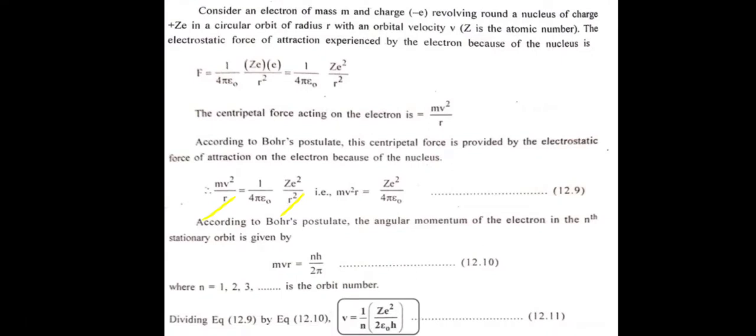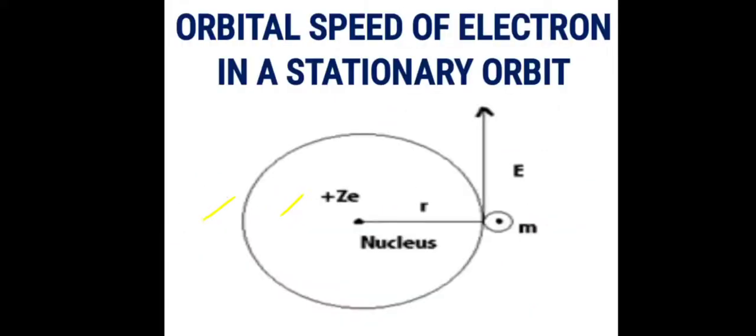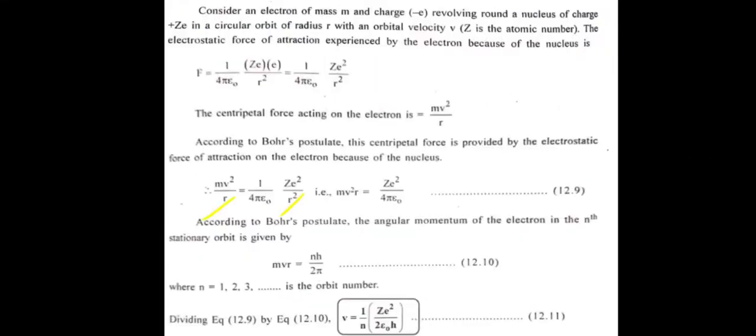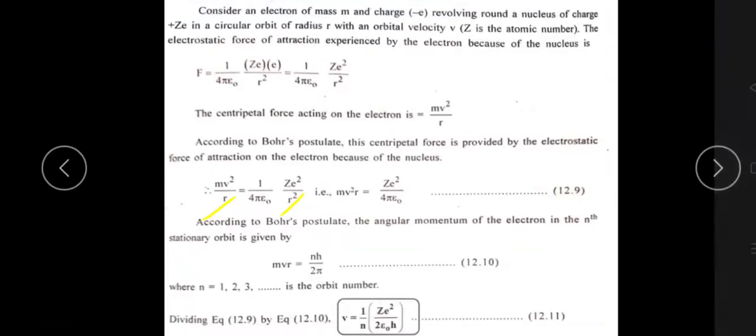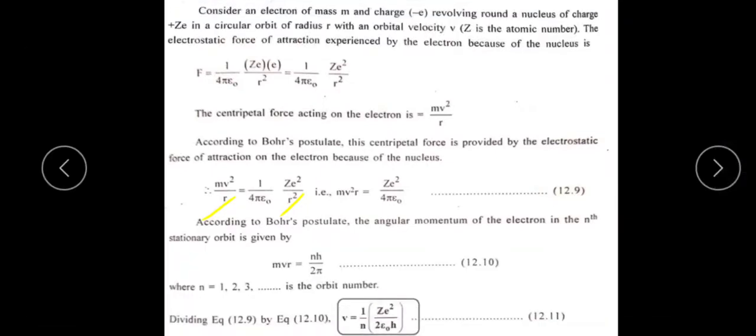That is, finally the equation becomes, then the remaining 1 r is transferred to the LHS.